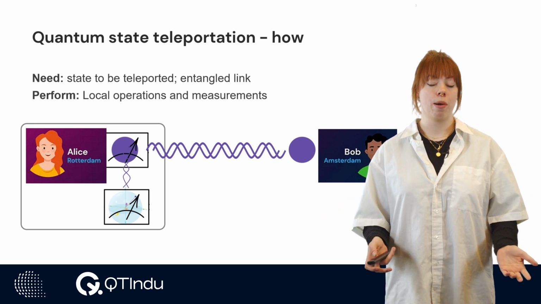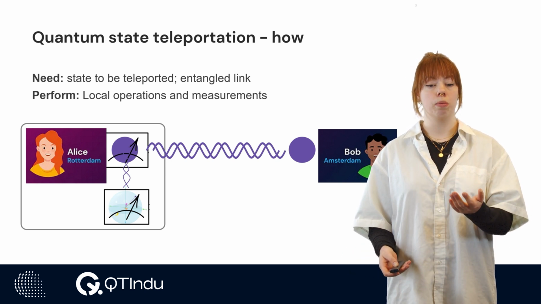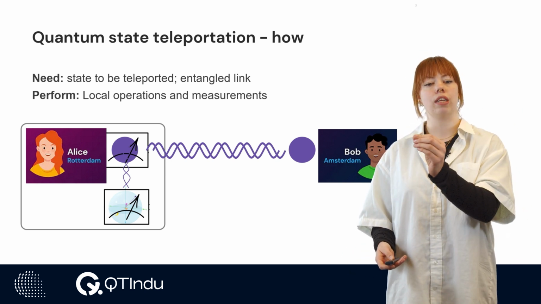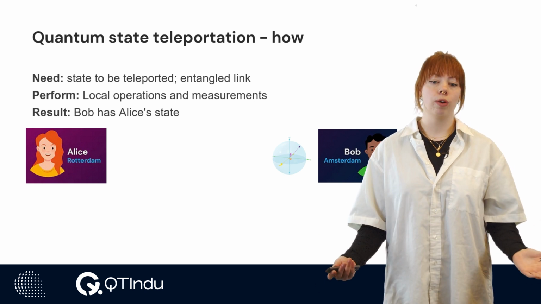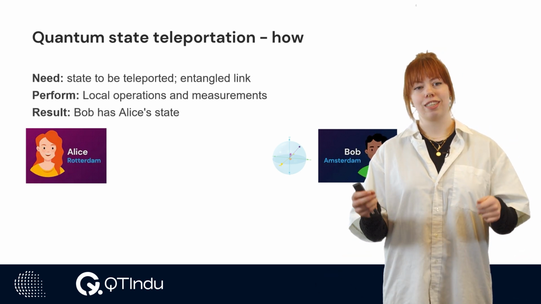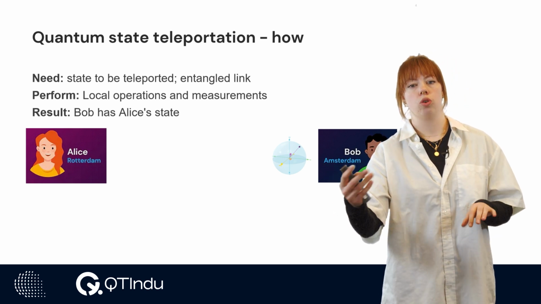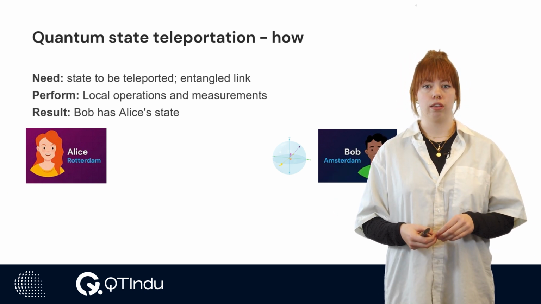Then all Bob has to do is apply some local corrections to his qubit, which is the one end of the entangled link, and with that, somewhat magically, the state that Alice had on her side is now teleported onto the qubit that Bob holds in his memory.